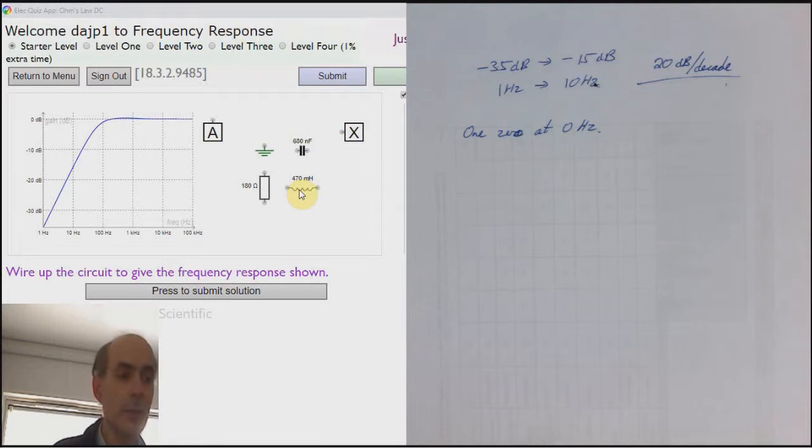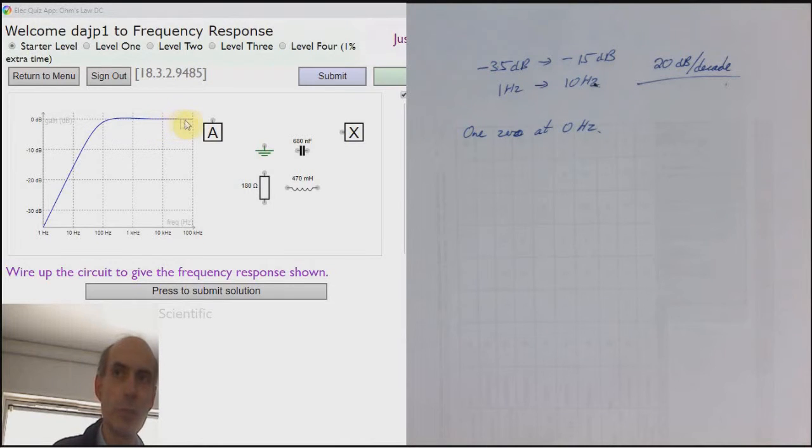So we would expect to have 2 poles in the response, one due to the capacitance and one due to the inductance. We've got a flat frequency response at high frequencies, and that means that there must be an equal number of zeros and poles in the response, since at very high frequencies, when both the poles and the zeros are active, the poles are trying to push it down at 20 dBs per decade, the zeros are trying to push it up at 20 dBs per decade.